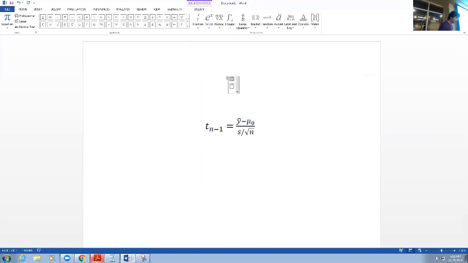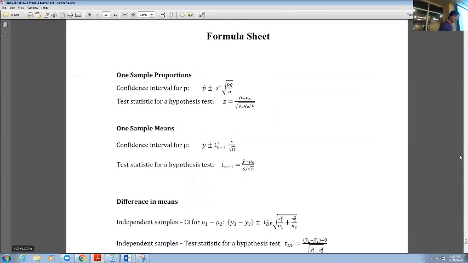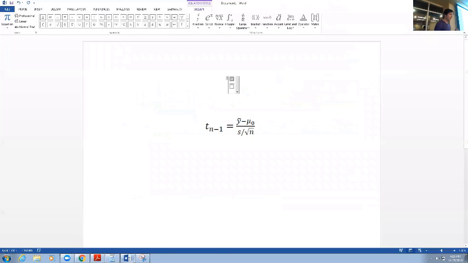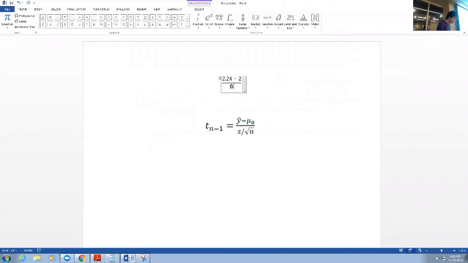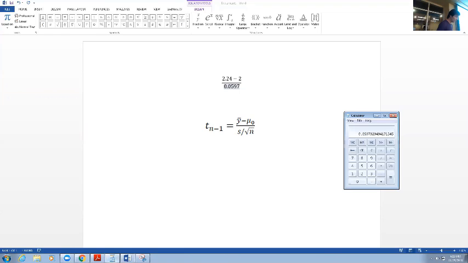Okay, so now we need to take the sample mean. So we need to take our sample mean of 2.24 minus our hypothesized mean, and then do s over square root of n, but I showed that that is just the standard error of the mean, which is 0.0597.